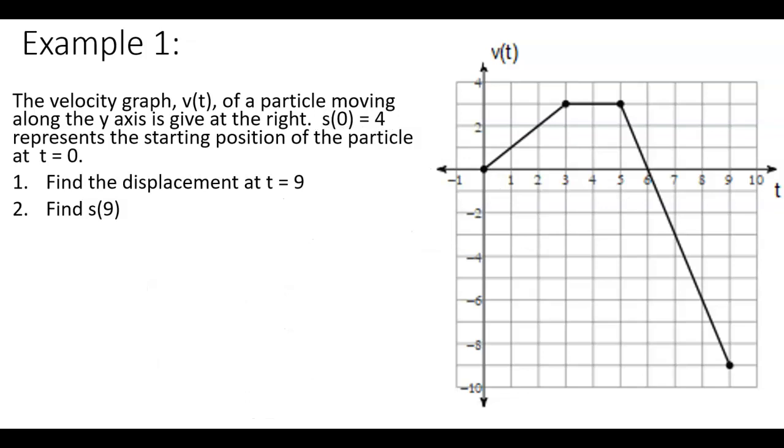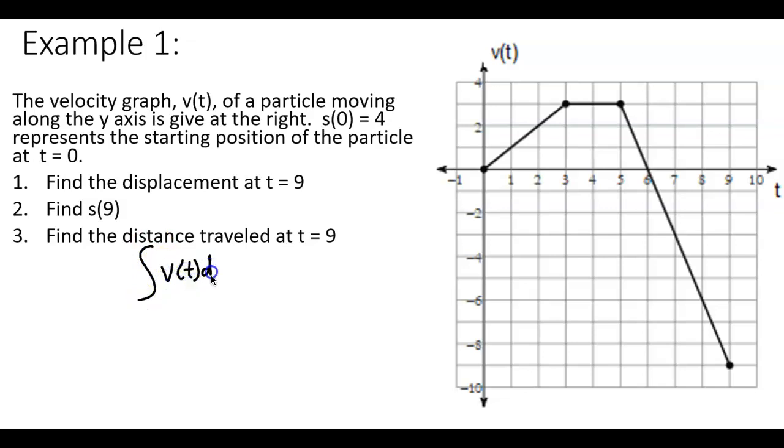All right, let's take a look at another question here. Find the distance. Distance is the same thing as displacement with one caveat. You're taking the absolute value. And so we're still going to add together all these shapes here, 4.5, 6, 1.5, and negative 13.5.